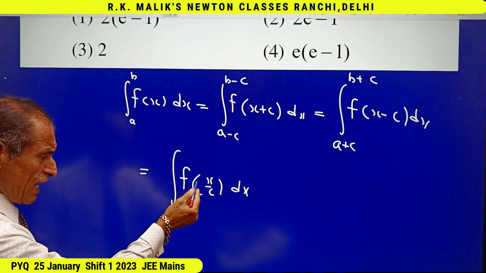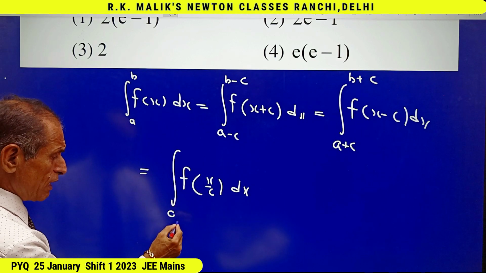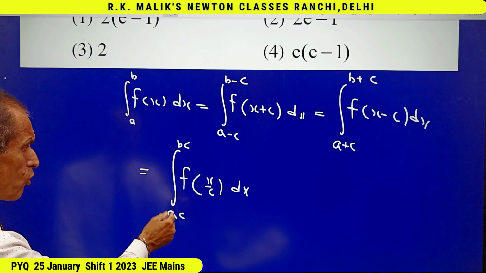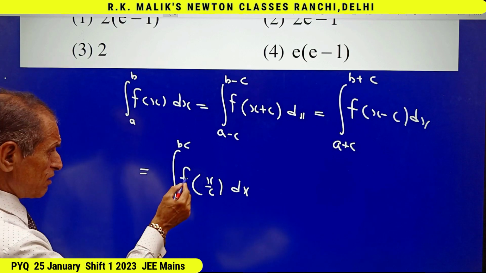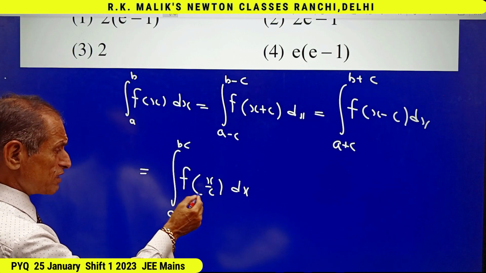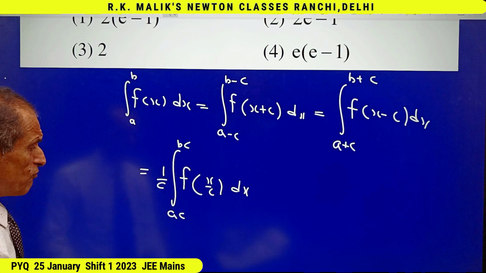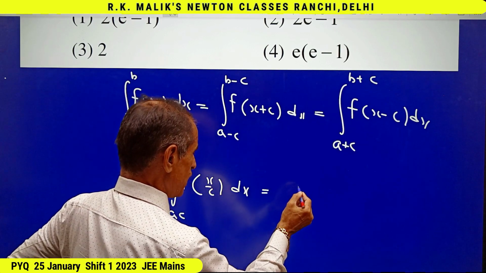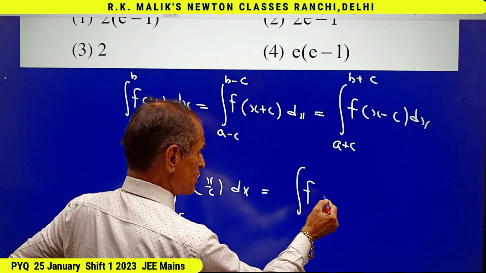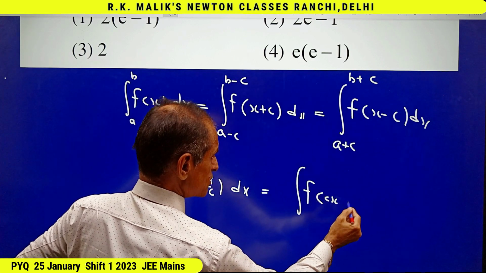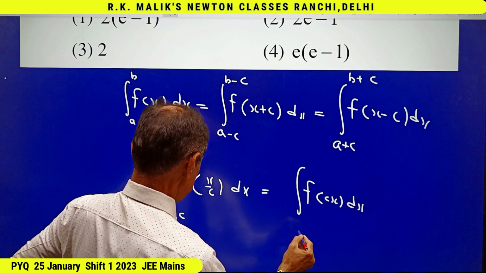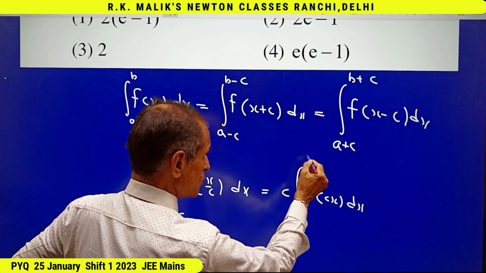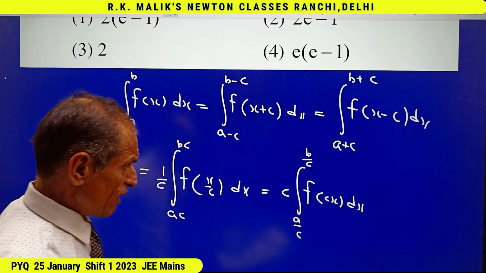And sometimes we have to bring x by c instead of x. If I have to bring x by c, then I will have to multiply by c in the lower limit and upper limit. And if I have to write x by c, then you will have to write 1 by c outside also. And obviously, if I have to bring f(cx), then outside I will multiply by c, and here you will be dividing by c.